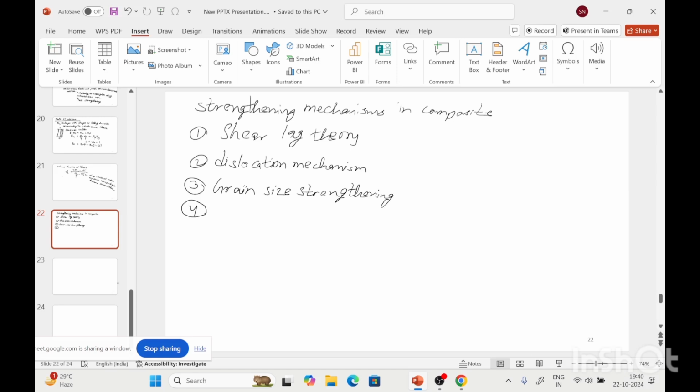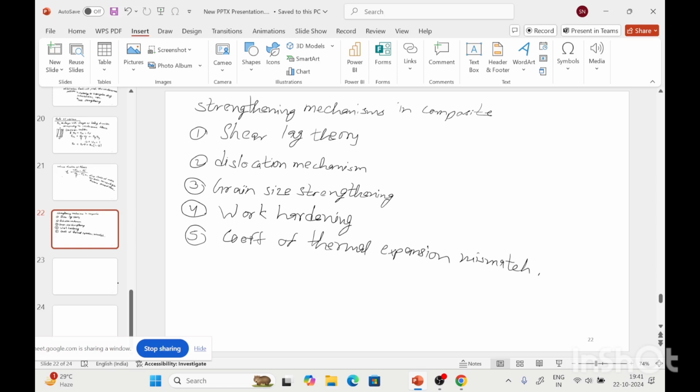Fourth is work hardening. And fifth is the coefficient of thermal expansion mismatch.